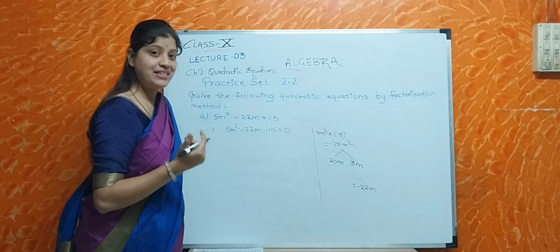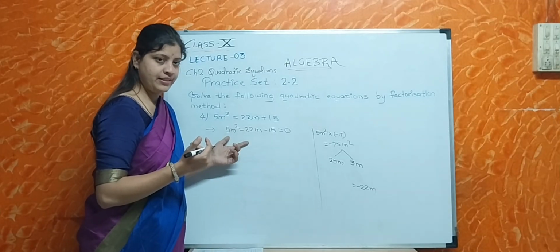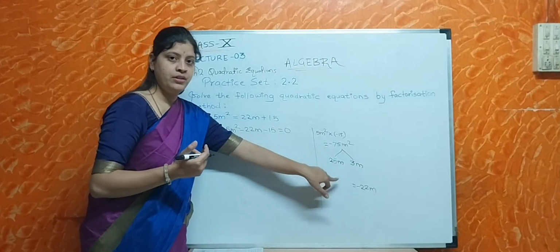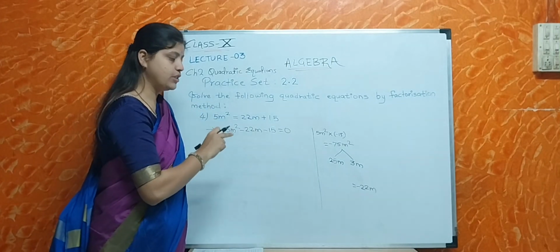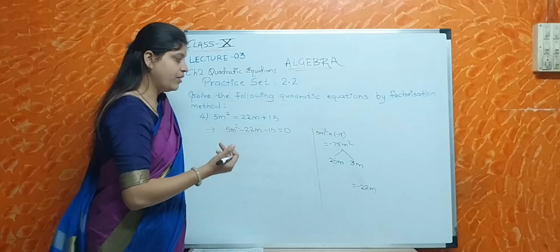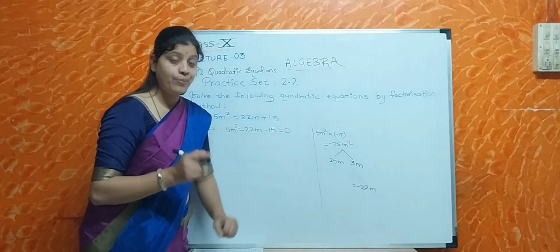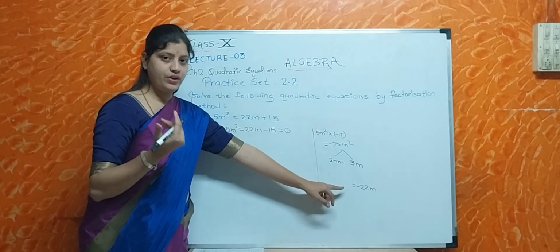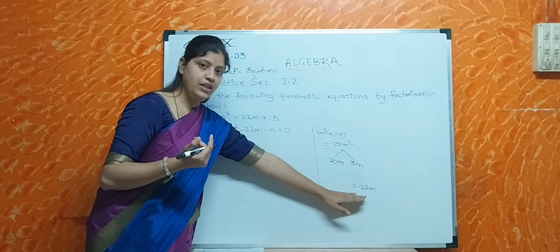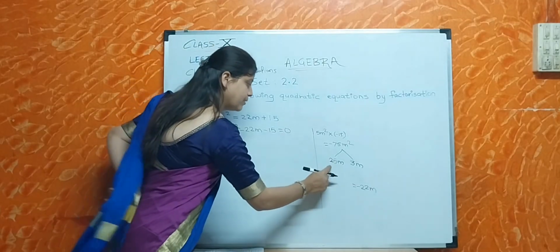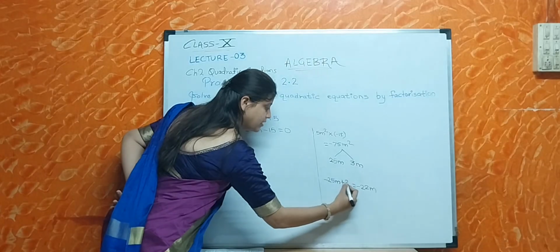And here we can see that the variable is m, not x. So we have taken m here. So we have got two factors of 75, that is 25m and 3m. But we want negative here. Also we want negative sign this side. So as I have told you first, that if here we want a negative sign in a middle term, we can simply take minus 25m plus 3m.